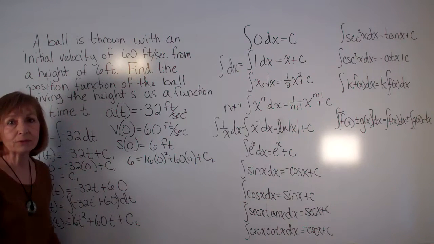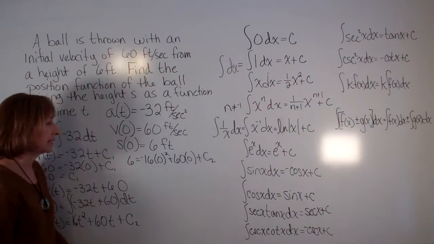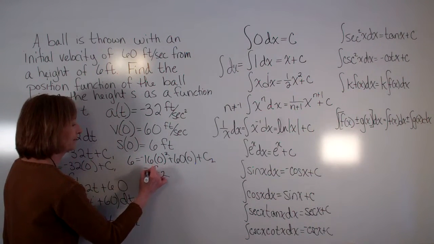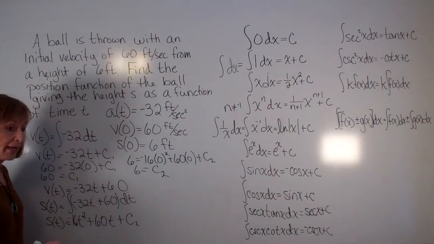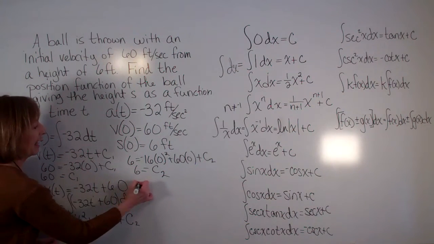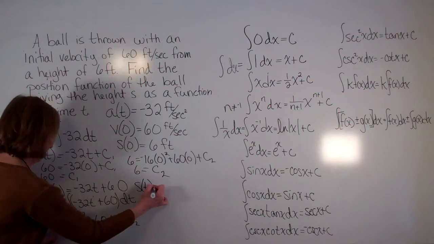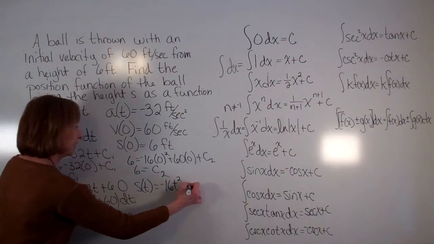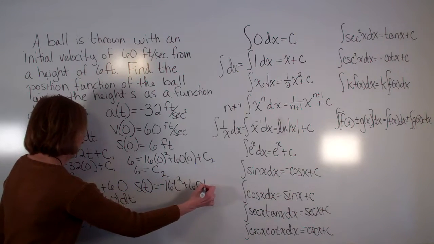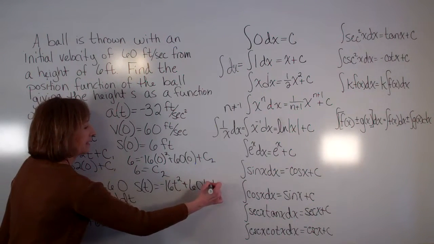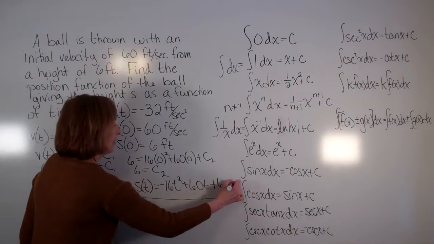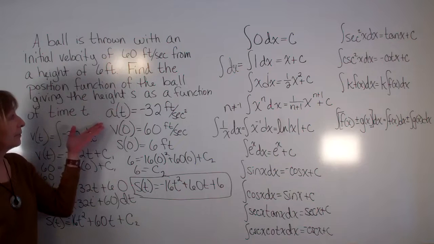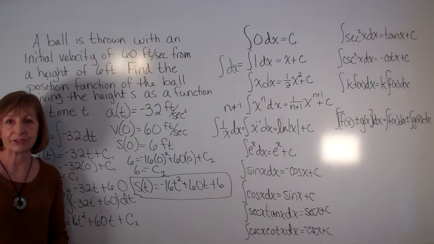And 0 squared times negative 16 is 0, plus 60 times 0 is 0. So c sub 2 is equal to 6. And then my position function, s of t, is equal to negative 16t squared plus 60t plus 6. So that gives you your position function when you were given the acceleration function and some initial conditions.